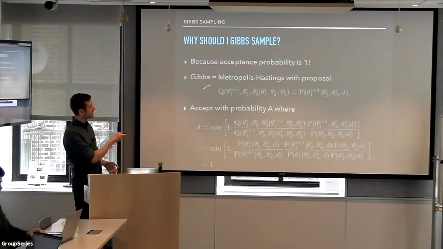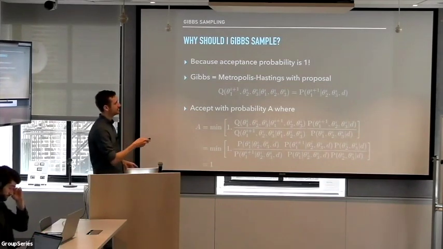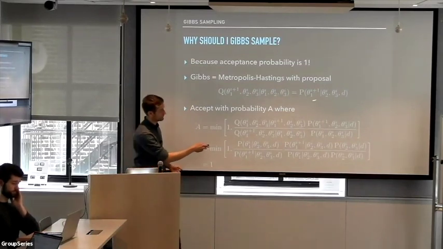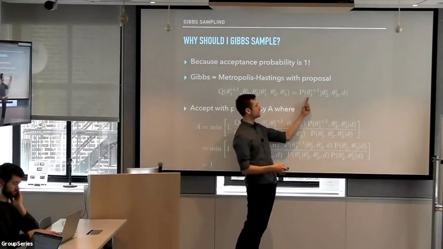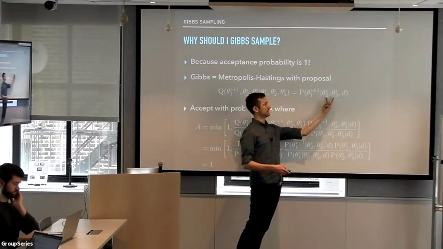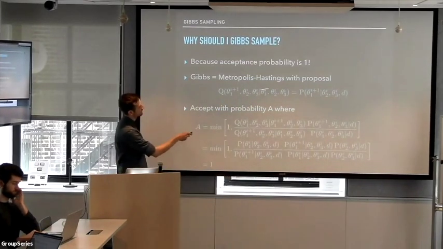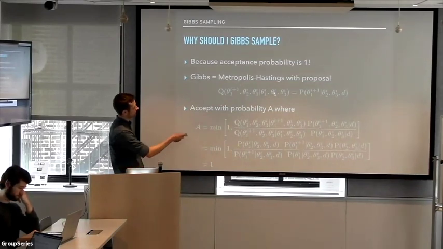And that's because, you talked about Metropolis Hastings a couple of weeks ago, is that right? Yeah? So Gibbs sampling is basically a Metropolis Hastings algorithm with a very specific proposal, where the proposal distribution is this conditional distribution. So your probability of getting some new theta 1, conditional on the old theta 2 and 3 and your data, okay? And so this is the way of writing essentially the proposal distribution.